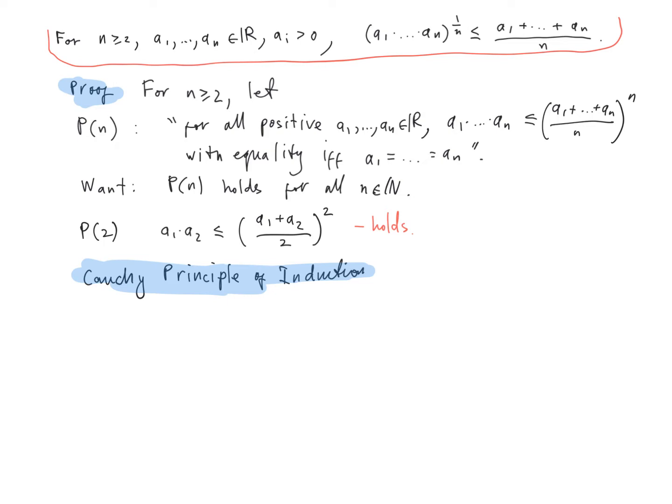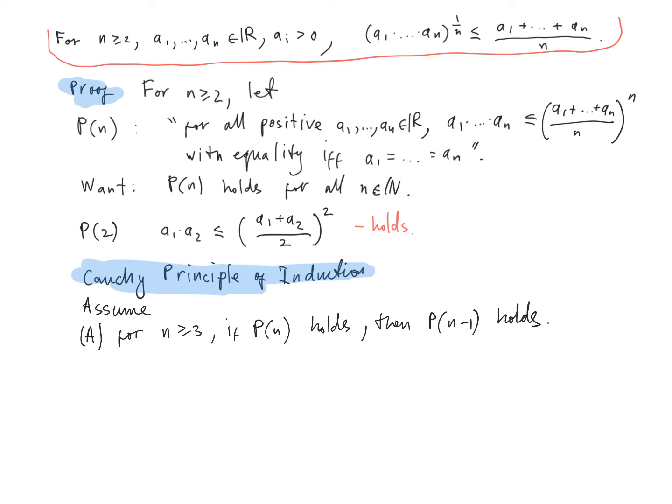So more precisely, in this case of the Cauchy principle of induction, we want to prove two statements. So assume that the following two conditions hold. A, for n greater or equal than 3, if P of n holds, then P of n minus 1 also holds.